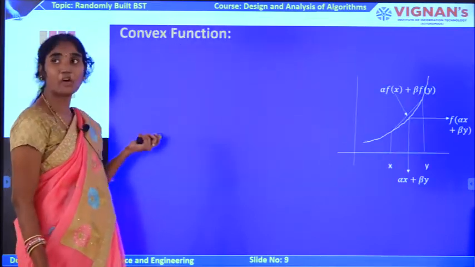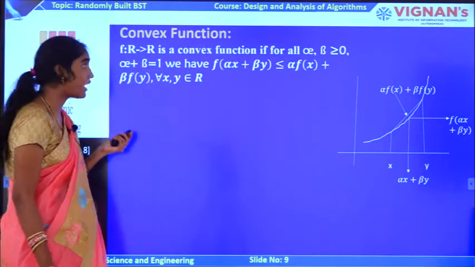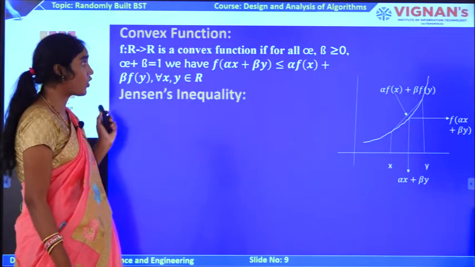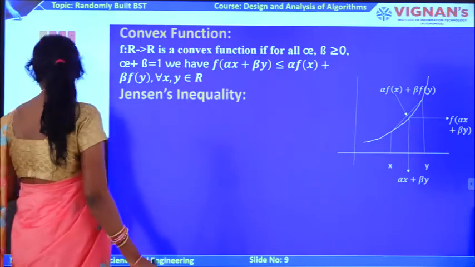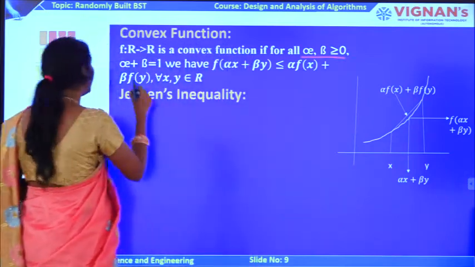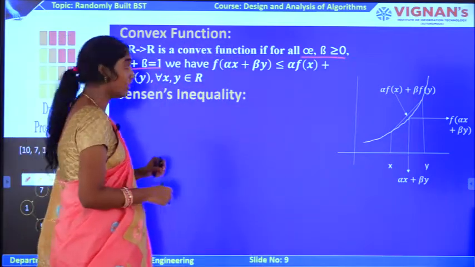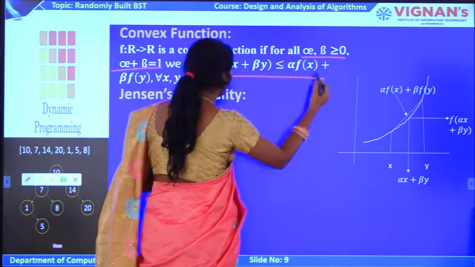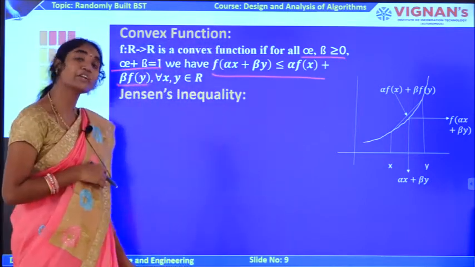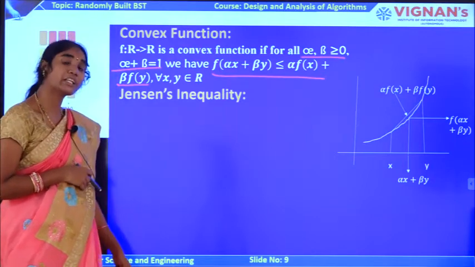Let's see what is meant by a convex function. A function f from R to R is a convex function if for all alpha, beta greater than or equal to 0 and alpha plus beta equal to 1, we have f of alpha x plus beta y is less than or equal to alpha into f of x plus beta into f of y.